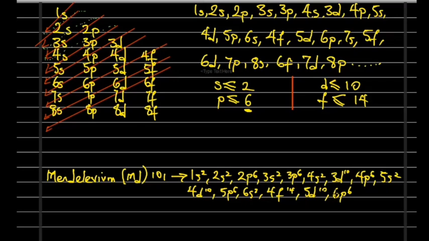So 6p6, 7s2. Okay, let's count first. 2 plus 2, 4, plus 6, 10, plus 2, 12, plus 6, 18, plus 2, 20, plus 10, 30, plus 6, 36, plus 2, 38, plus 10, 48, plus 6, 54, plus 2, 56, plus 10, plus 14, 70, plus 10, 80, plus 6, 86, plus 2, 88.